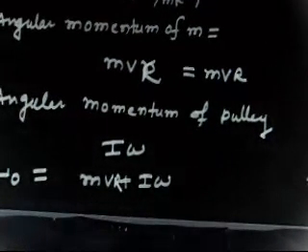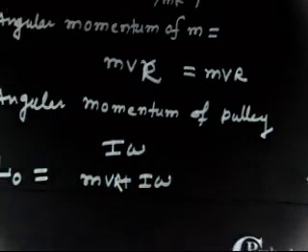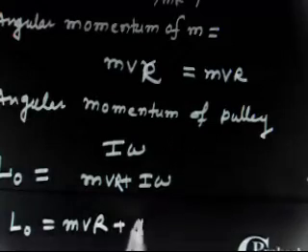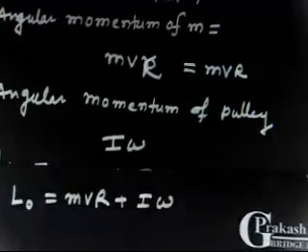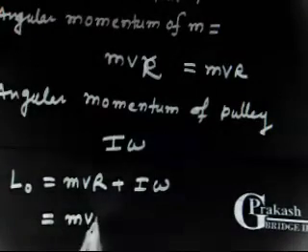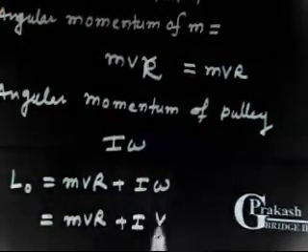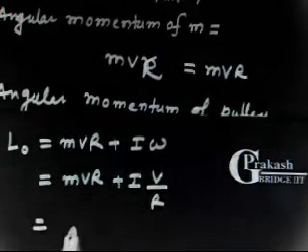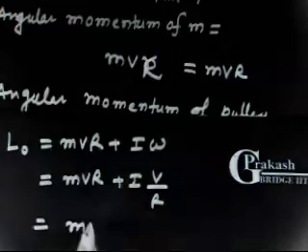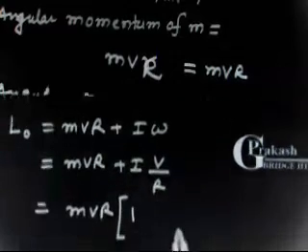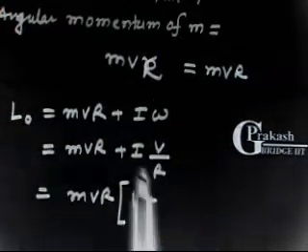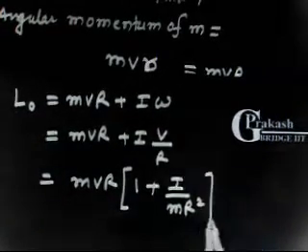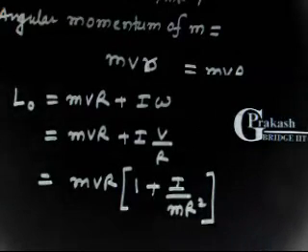So angular momentum about O is mvr plus I into omega, and omega is nothing but v by r. This is a case of pure rolling. So mvr plus I v by r. If I take mvr common, I will have 1 plus I by mR square. So this is the total angular momentum at any point of time.